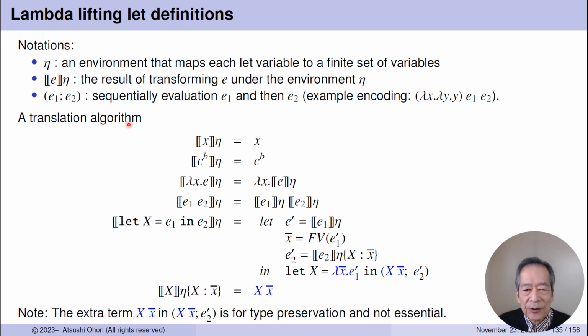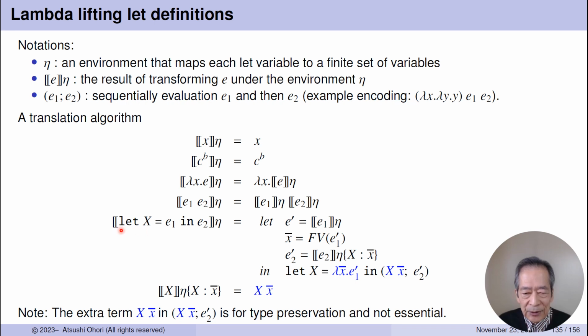So this is the actual definition of the lambda-lifting transformation of let definitions. Without let definitions, for these lambda expressions, nothing happens, so this is just recursively copying everything. The actual transformation is done by this rule and this rule.